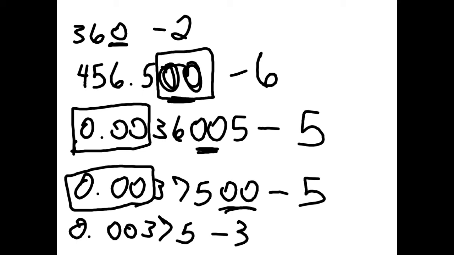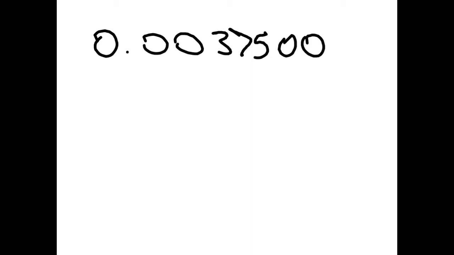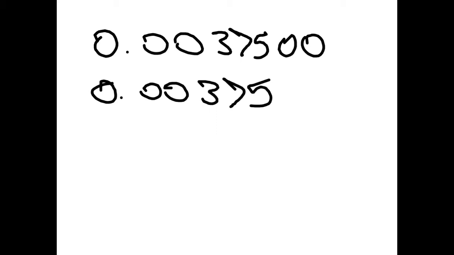Before we move on from this, these zeros right here, if I take those away, you're saying it changes the value? Okay, so let me rewrite it: 0.0036750 or 0.00375.